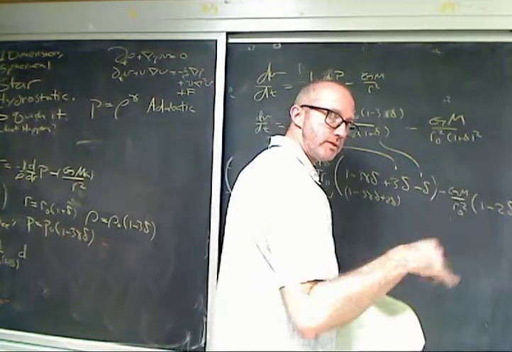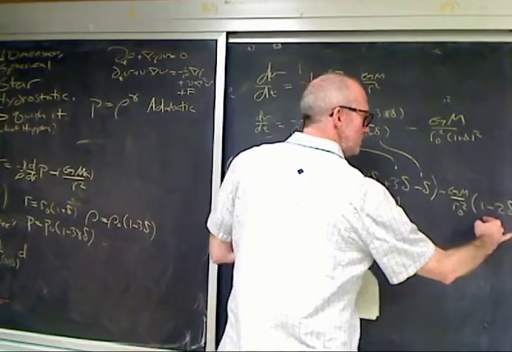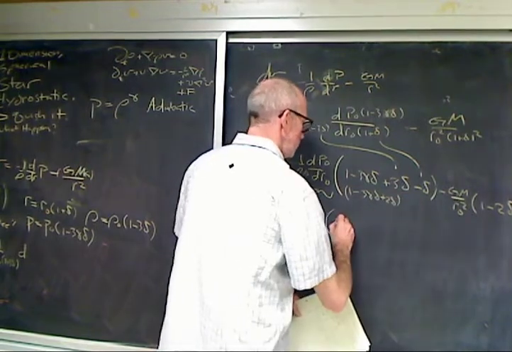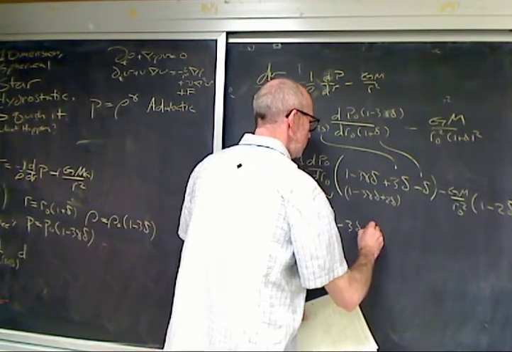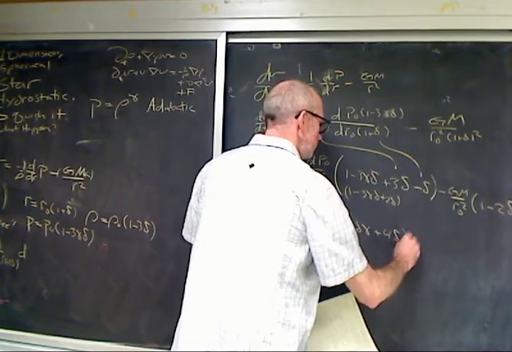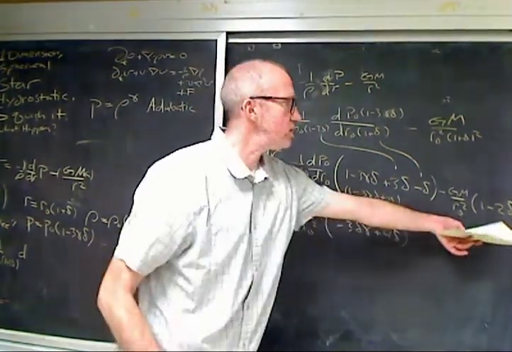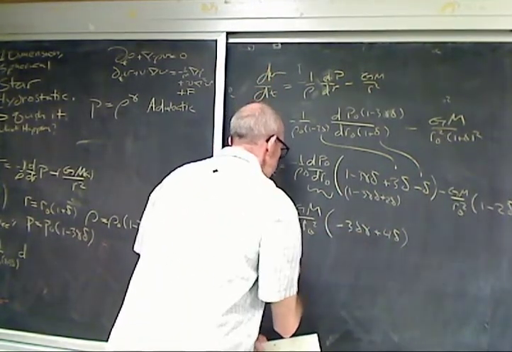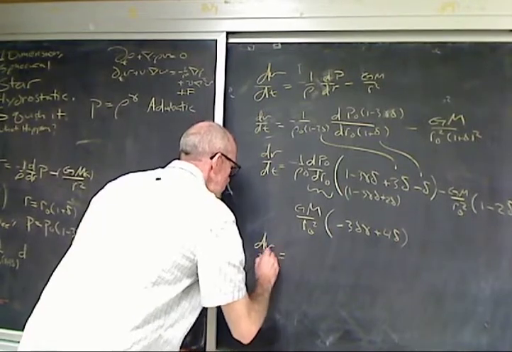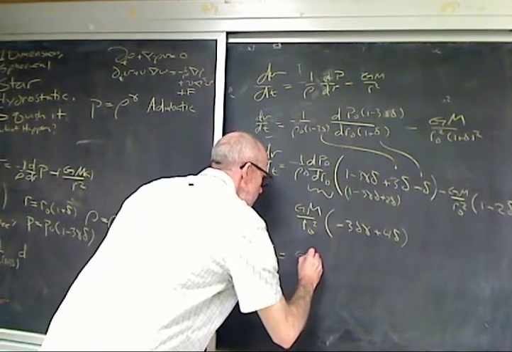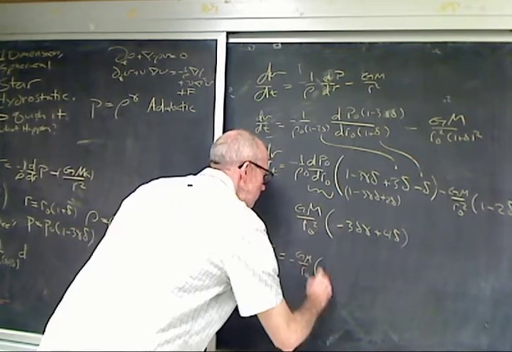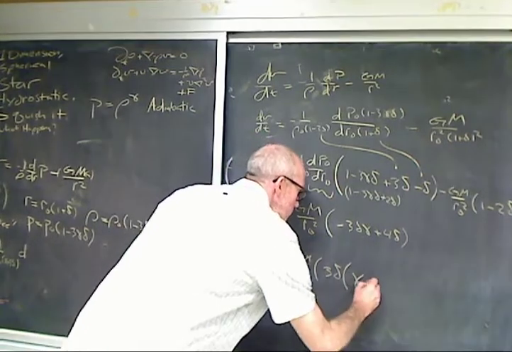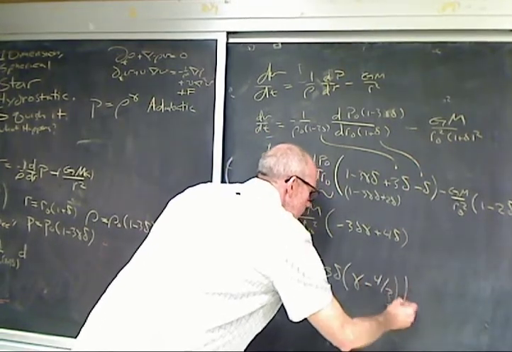This is boring. I'm just going to collect these terms and these terms. And I'm left with a minus 3 delta gamma plus 4 delta. I got a 2 delta and a 2 delta and a minus and a minus. And then we'll simplify this as dv/dt equals GM over r naught squared times minus delta times 3 gamma minus 4 thirds.